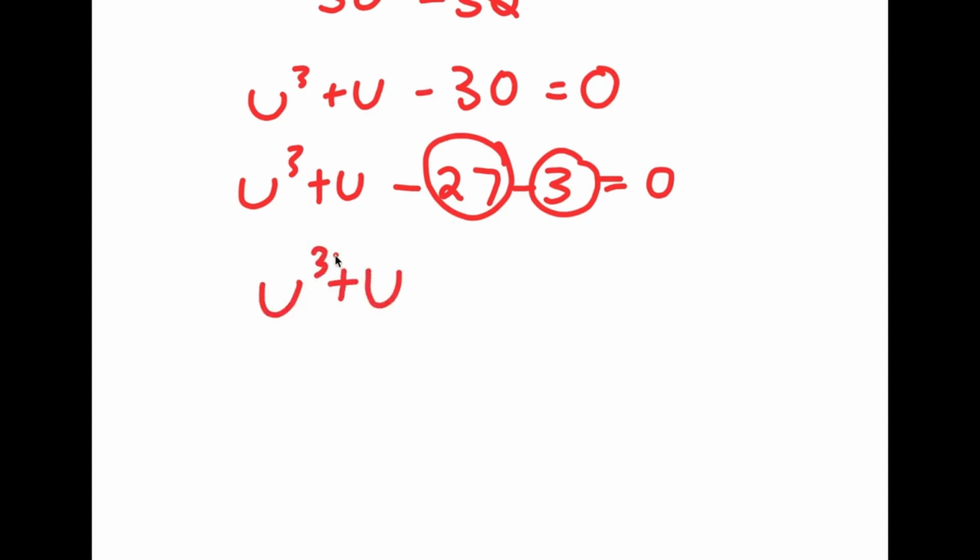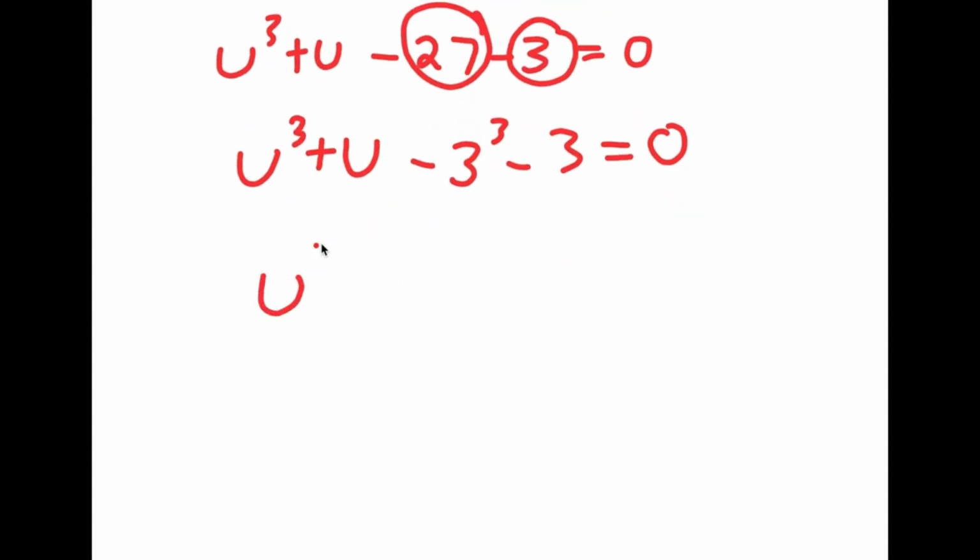Notice how we use something in the form u to the power of 3 plus u. We could think of u as 3 in this case. So 27 is the same thing as 3 to the power of 3, and we have this minus 3. Now I'm going to put this in the form u to the power of 3 minus 3 to the power of 3 plus u minus 3 is equal to 0.